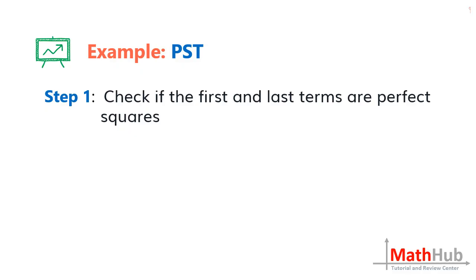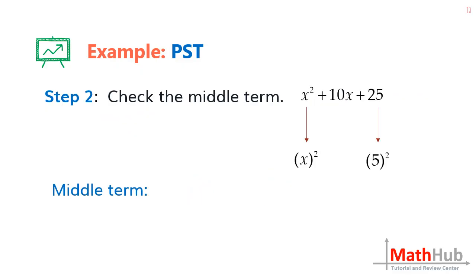As I have mentioned earlier, check if the first and last terms are perfect squares. So for instance, I have x squared plus 10x plus 25. As you can see here, x squared is a perfect square and so is 25. This is the square of x, and 25 is the square of 5. Next step, check the middle term.